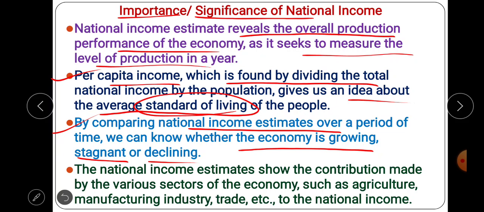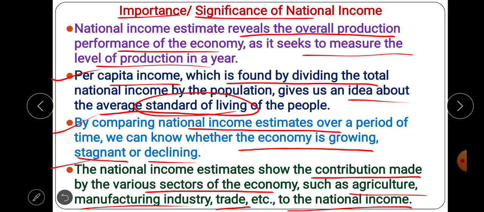That is why national income measurement is also important. Then, the national income estimate shows the contribution made by the various sectors of the economy, such as agriculture, manufacturing industry, trade, etc., to the national income.